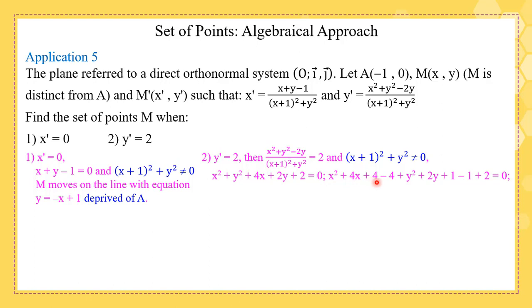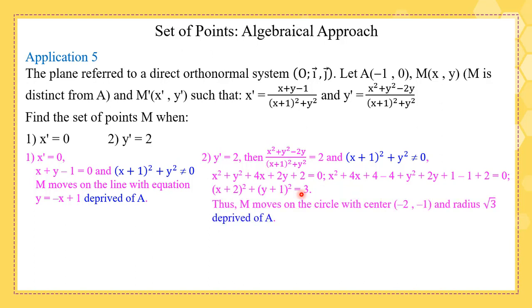So if we add and subtract and reorganize it, we get such a circle. So we can say that M moves on the circle with center (-2, -1) and radius radical 3 deprived of point A, and remember this deprived is given from this condition.